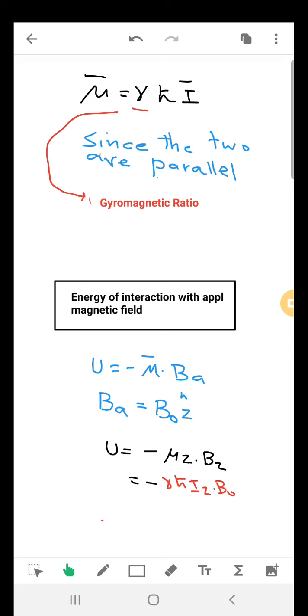At this point of time, if we apply a magnetic field, this magnetic field interacts with the nuclear magnetic moment, and we get the following. Minus mu dot Bz. We assume that it is applied along the z-axis, so there will be a dot product of these two. And since mu is equal to gamma h cross I, we come up with this expression, gamma h cross Iz into B0.